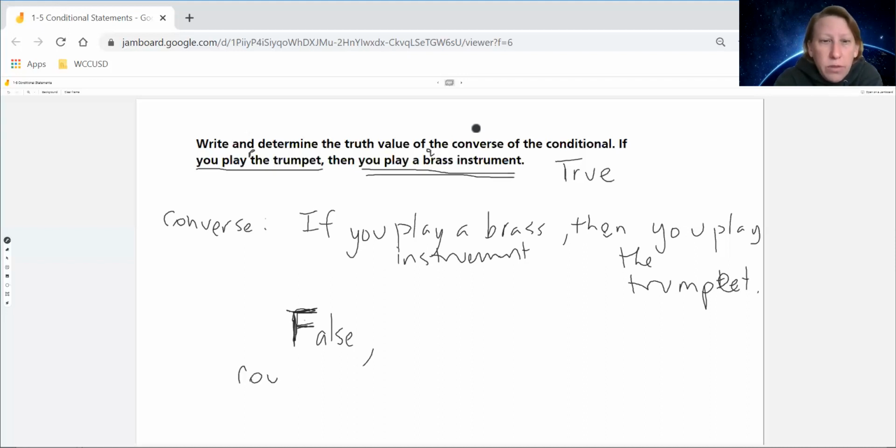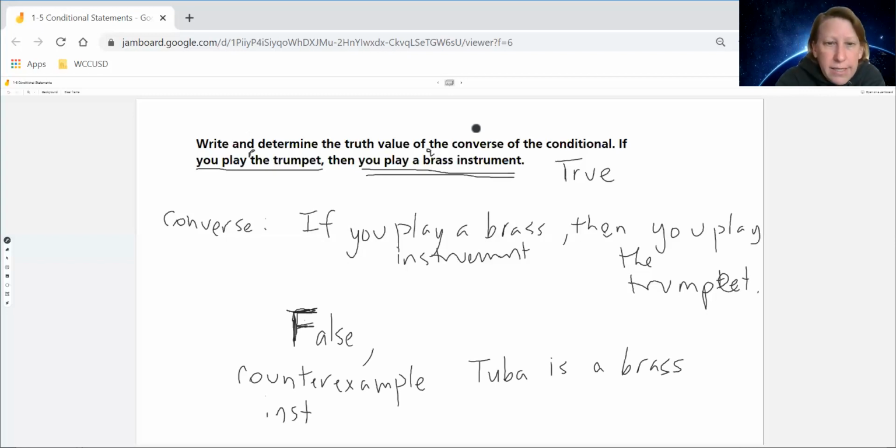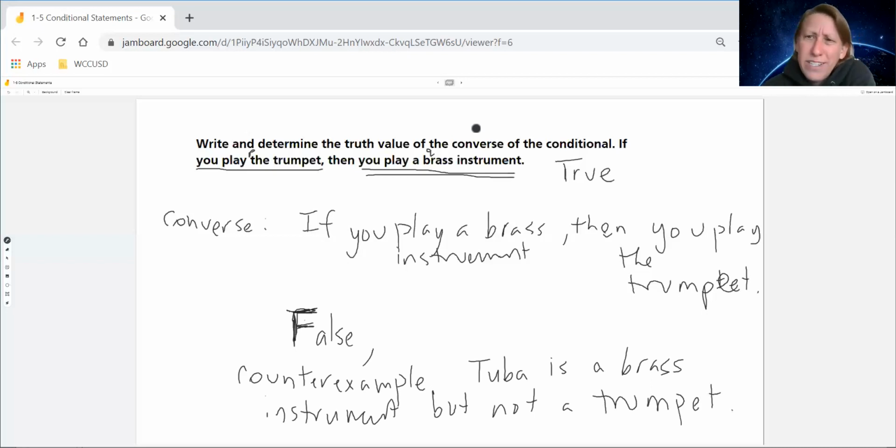My counterexample is, let's do the tuba. Counterexample: tuba is a brass instrument, but it's not a trumpet. Okay, so if you want to argue with something, you want to say that's not true, if you can come up with exactly one counterexample, the whole thing is false.